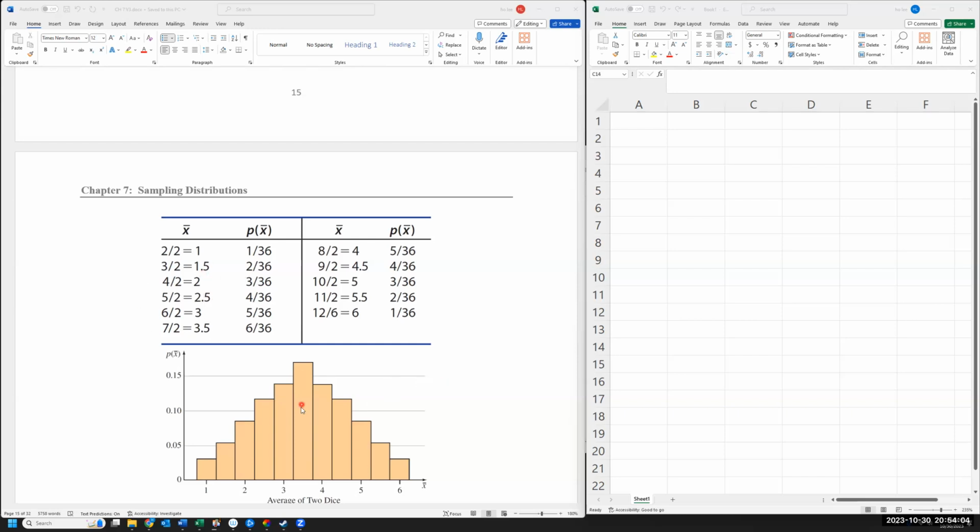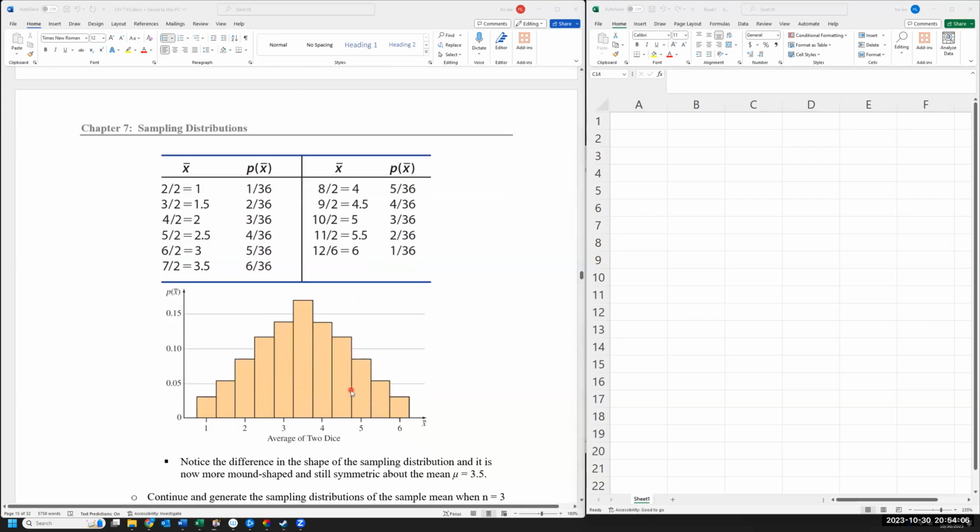And then plot the relative histogram, or the relative frequency graph. Here on the x-axis, you show the average, and on the y-axis, you show the probability of getting these numbers.